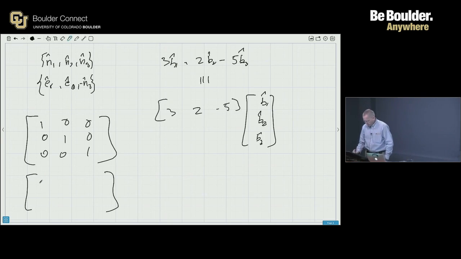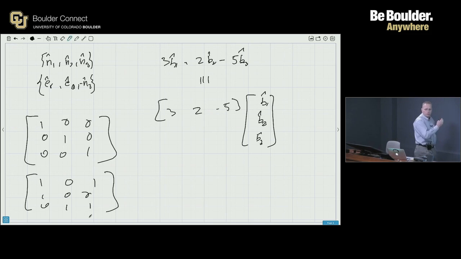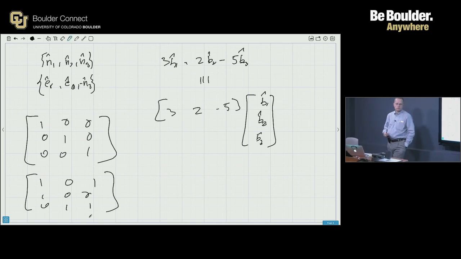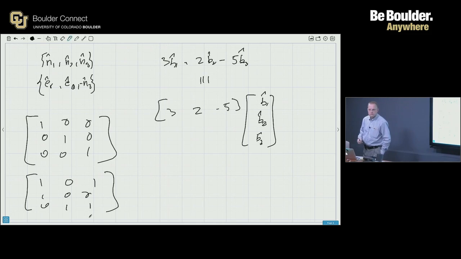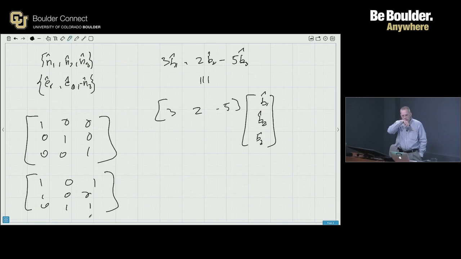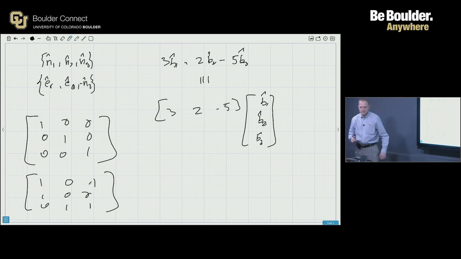Let me put this elsewhere. If we have 0, 1, 1, 0, 0, 0, 0, 1, 1, a bunch of zeros and ones I've thrown in there, Brian, could this be a proper DCM? I don't think so. Okay, you have a 50-50 chance, so can you elaborate? Because that would mean that one coordinate is aligned to 2 axes.